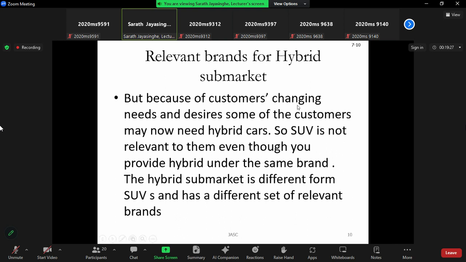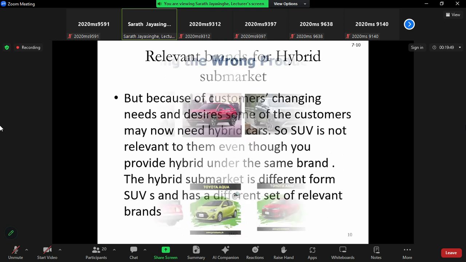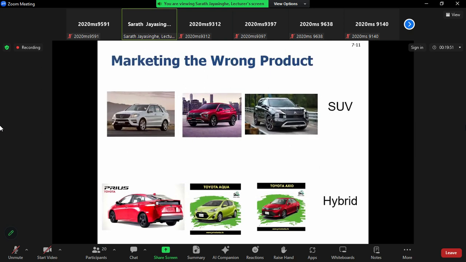So even though you are using some kind of SUV, if the same company, same brand issues a hybrid car, sometimes it may not be relevant to the customer. The hybrid submarket is different from SUVs and has a different set of relevant brands. Right? This is one such example.